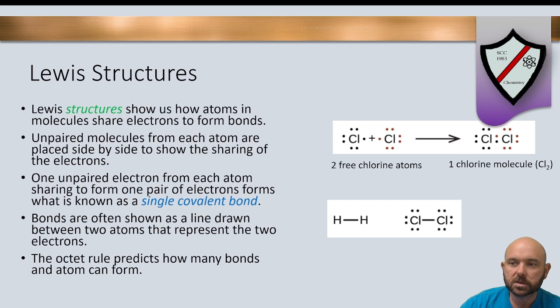And when we draw Lewis structures, we'll often see that pair of electrons there replaced with a line to indicate that there is a bond between those 2 atoms. The octet rule again kind of helps us predict how many bonds each of these atoms will form.